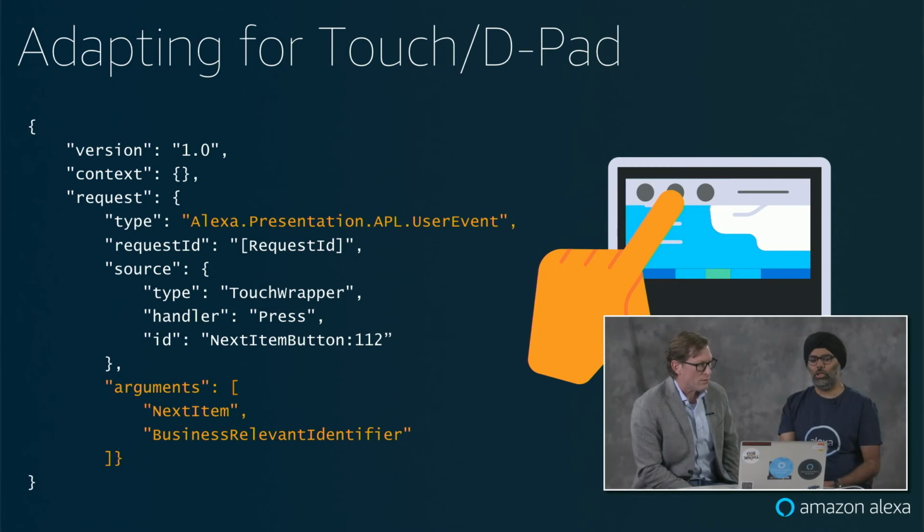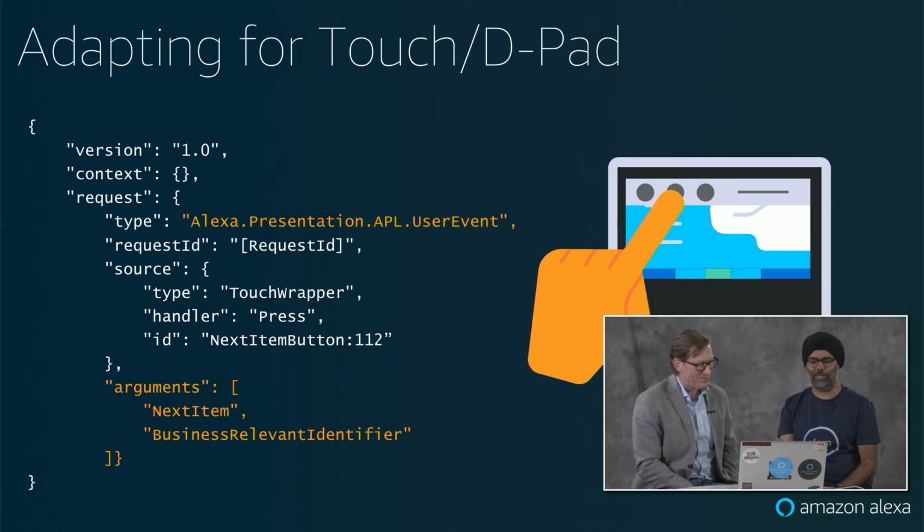So once a customer either touches the control that the touch wrapper is wrapping or uses their remote to select something, here's what happens next. Your skill gets what we call a user event, and that comes with the arguments that the touch wrapper sent up. As you can see, next item is there, and the data binding expression has been evaluated and resulted in a business relevant identifier.